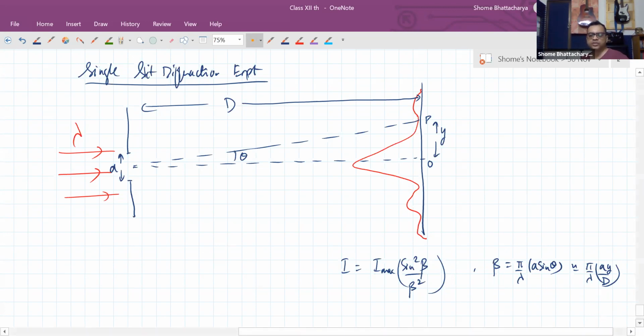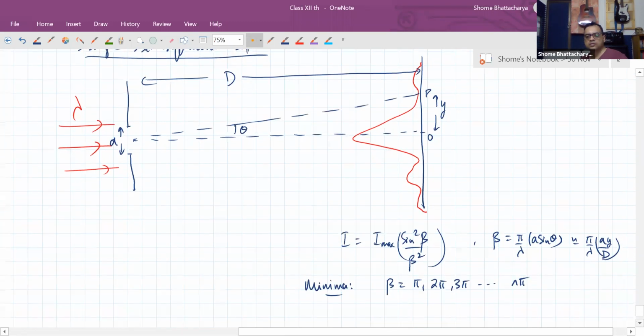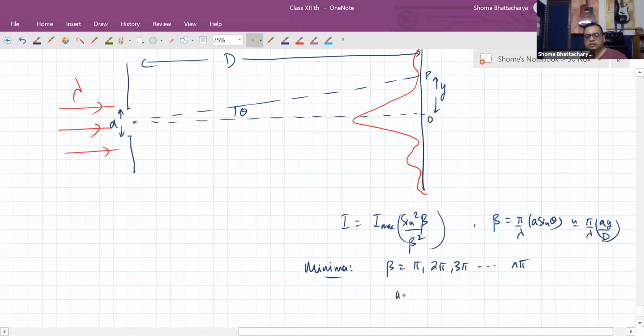So we got, for example, the position of the minima. Minima was the position where beta is equal to pi, 2 pi, like this n pi. So basically pi a by lambda sine theta was equal to n pi, or theta is equal to sine inverse lambda by a, sine inverse 2 lambda by a, and like this sine inverse n lambda by a.